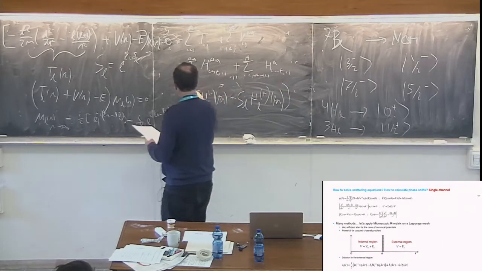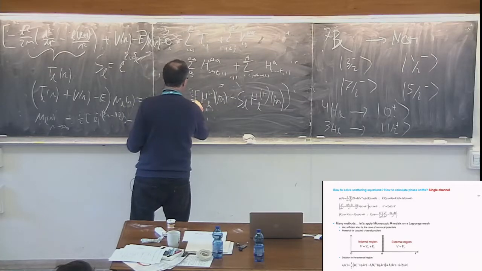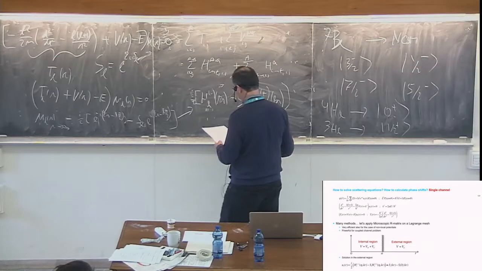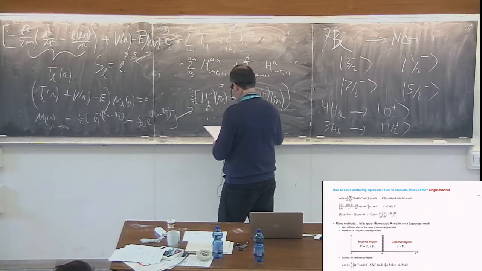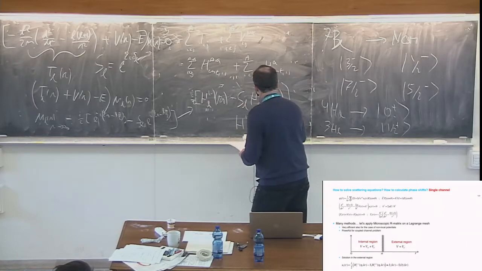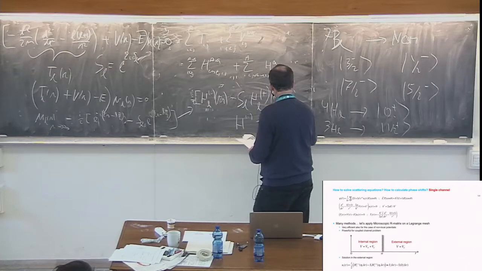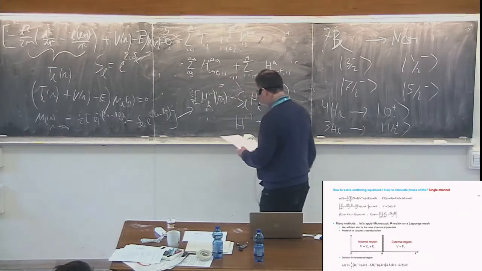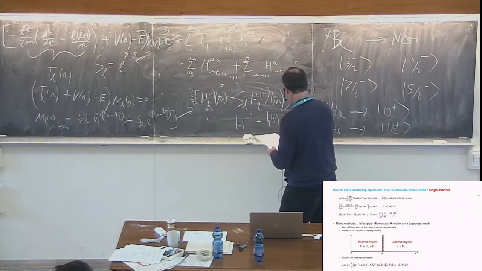Okay, so this is i/2, and so now these functions, this H minus, that would be your incoming Coulomb function. Sorry, yeah, so the H minus is the incoming Coulomb function, and the H plus would be the outgoing Coulomb function.